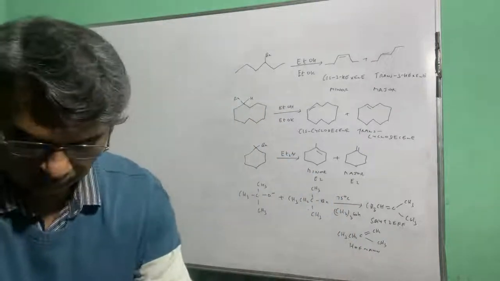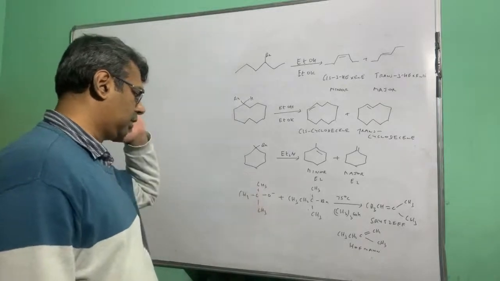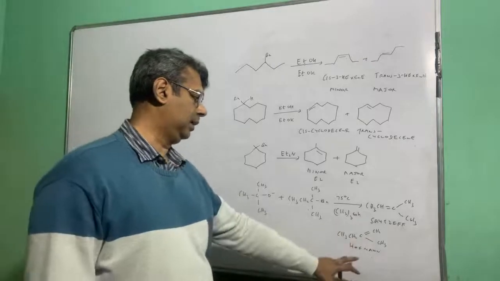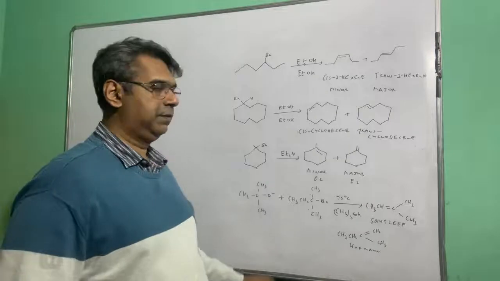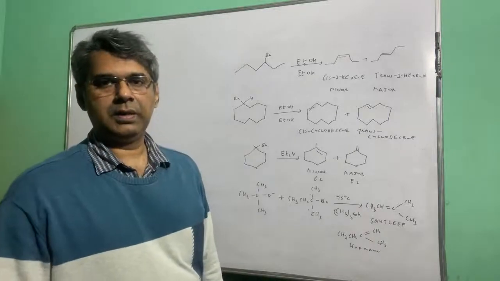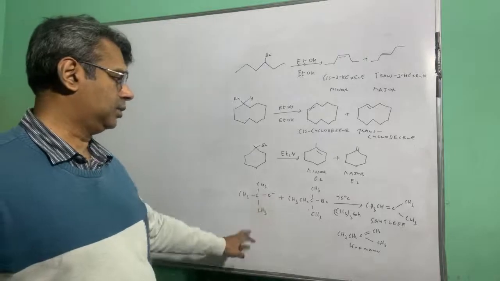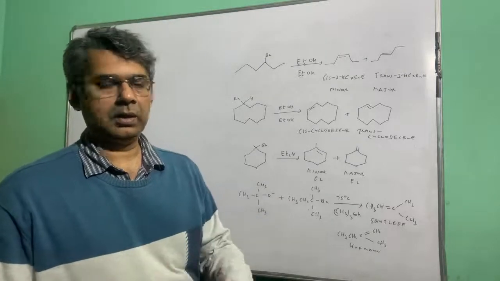Okay. Then this is another example. Tertiary butoxide is a very large base. So Saytzeff is minor and Hoffman is major. If the base is very large, if it is a sterically hindered base like triethylamine or tertiary butoxide, only then the Hoffman product.